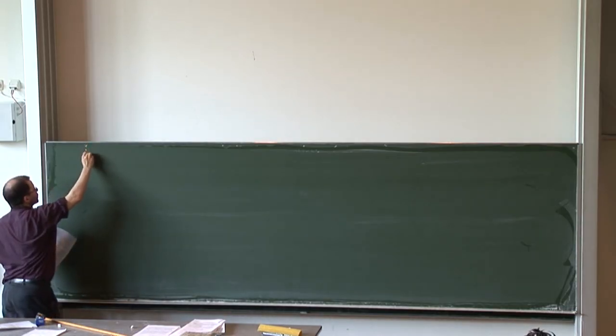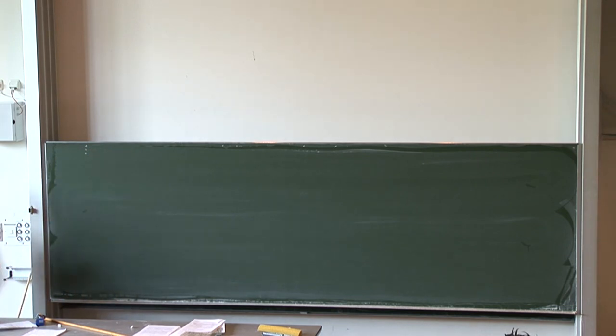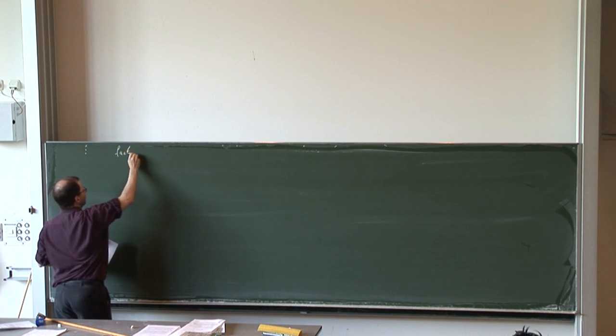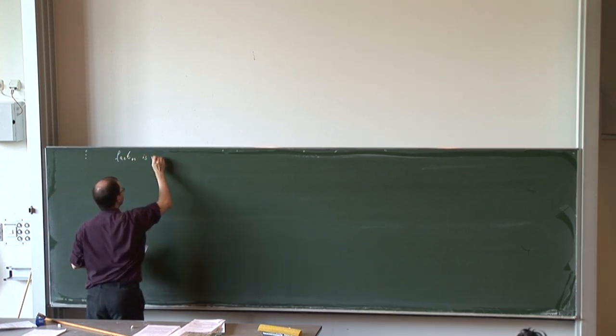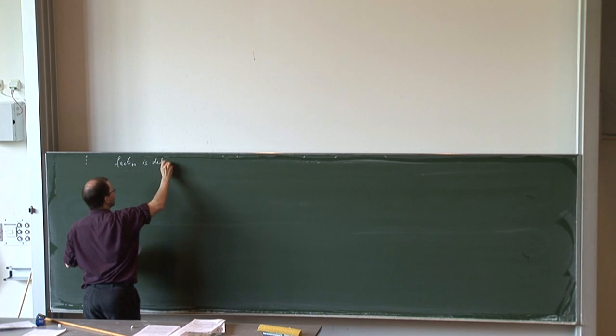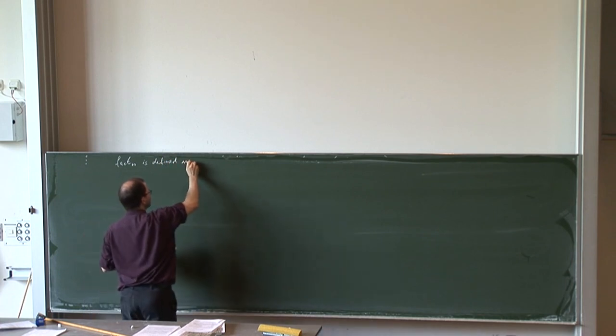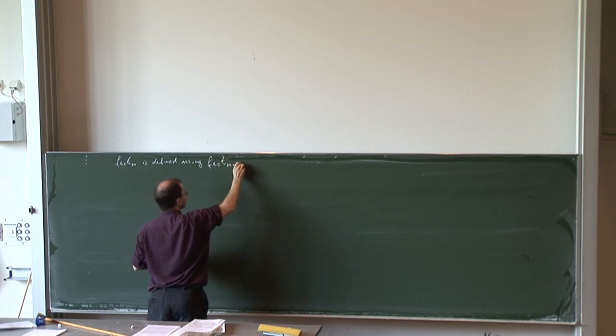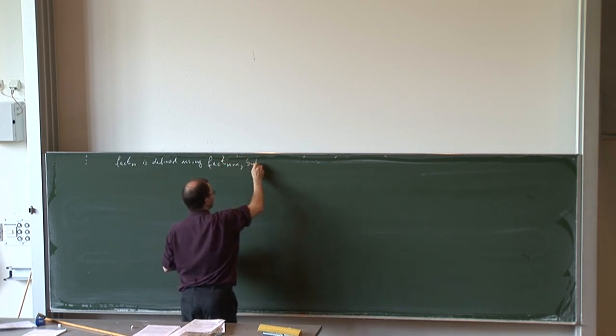So we have infinitely many approximations: fact0, fact1, fact2, fact3, fact4, and so on. And so what we can see is fact n is defined using fact n minus 1, but it does not have recursion.